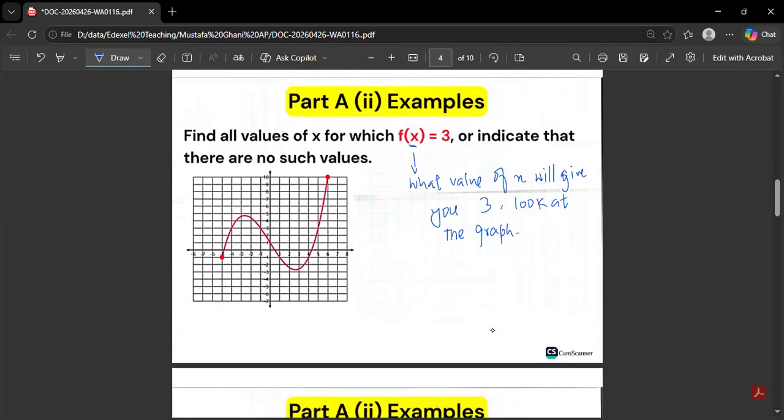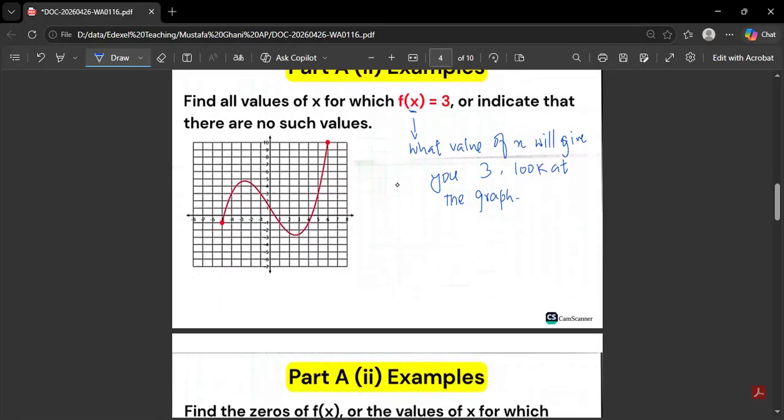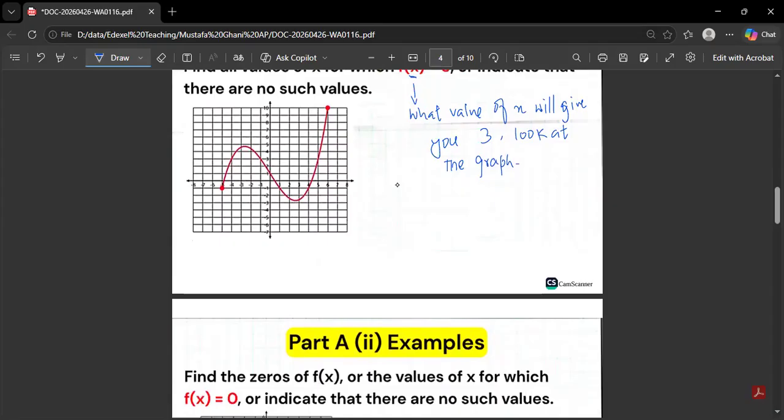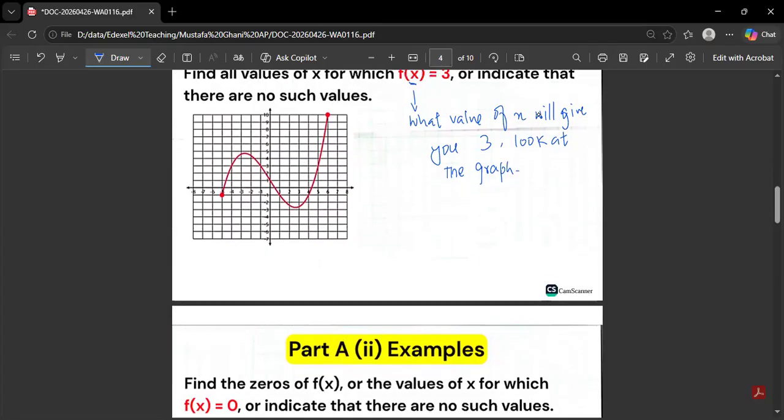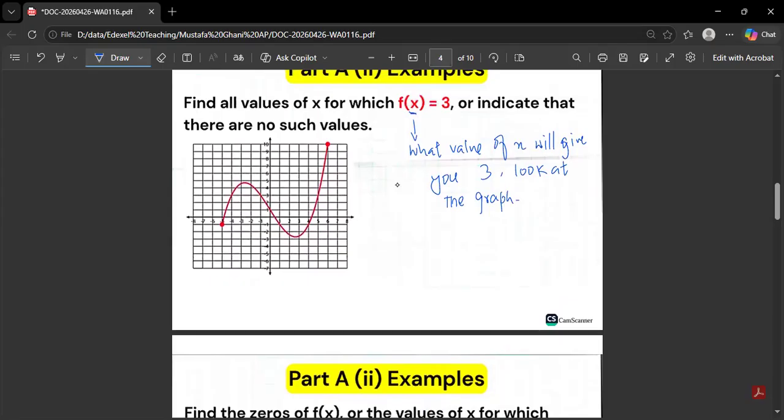Is this clear? Okay. So 3, where are we getting 3?